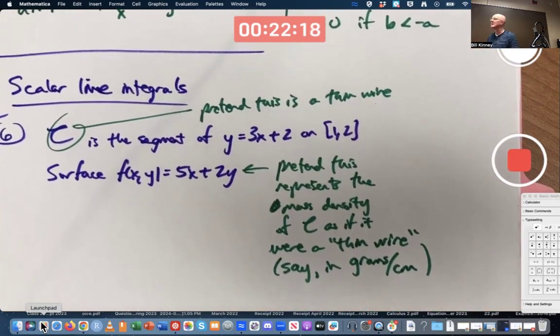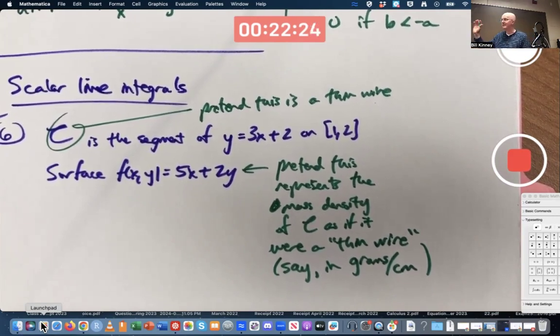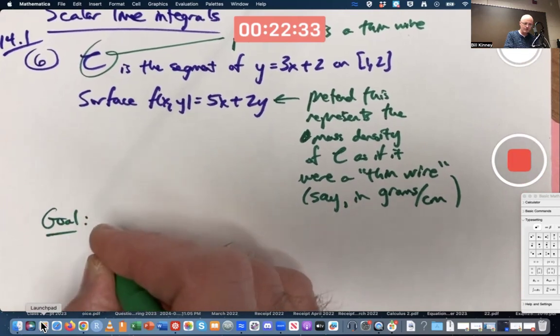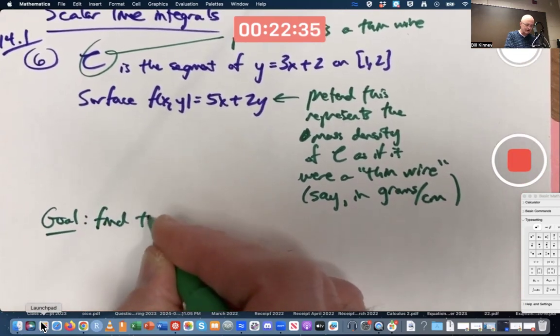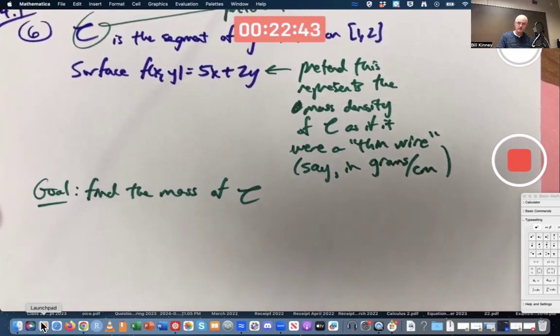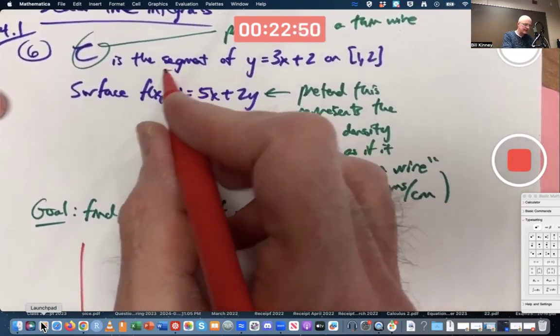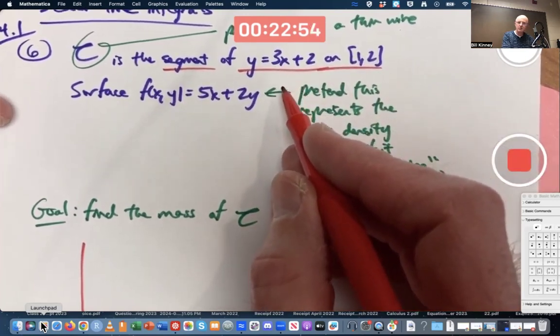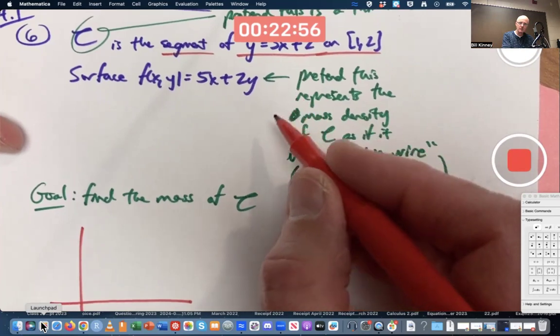What's my goal? My goal is to use an integral, as hopefully you learned a little bit about in Calc 2, to find the mass of the thin wire. Goal: find the mass of C. Let's draw a picture. The line segment C is that function's graph, slope of 3, y-intercept of 2.